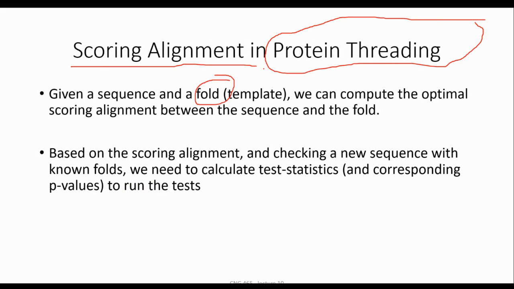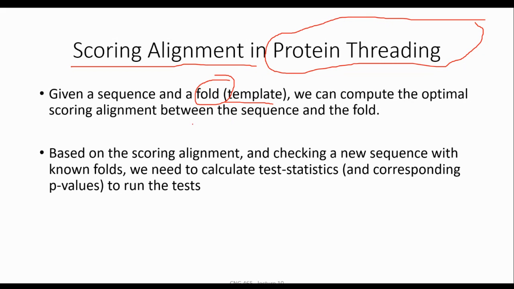It means a specific protein structure that you can find in the protein data bank, or we can also call it a template. We can compute the optimal scoring alignment between the sequence and the fold. So again, for comparing sequences with different folds, we can now find the scoring alignment, and we will talk in detail about the algorithms that we can use in order to find them.